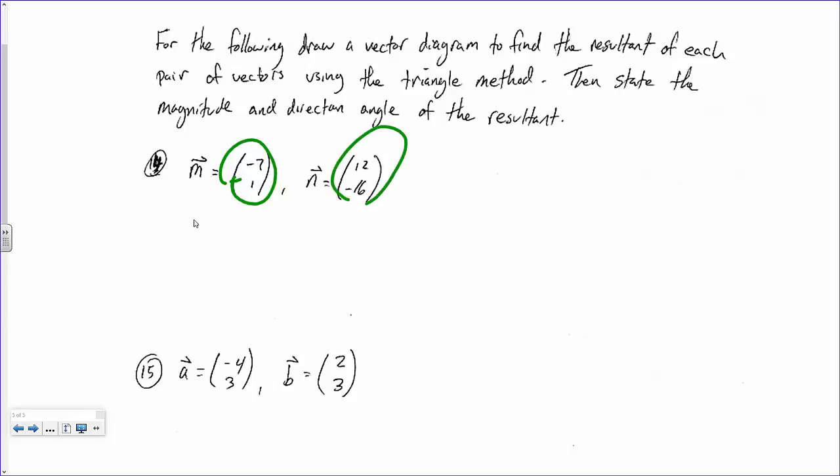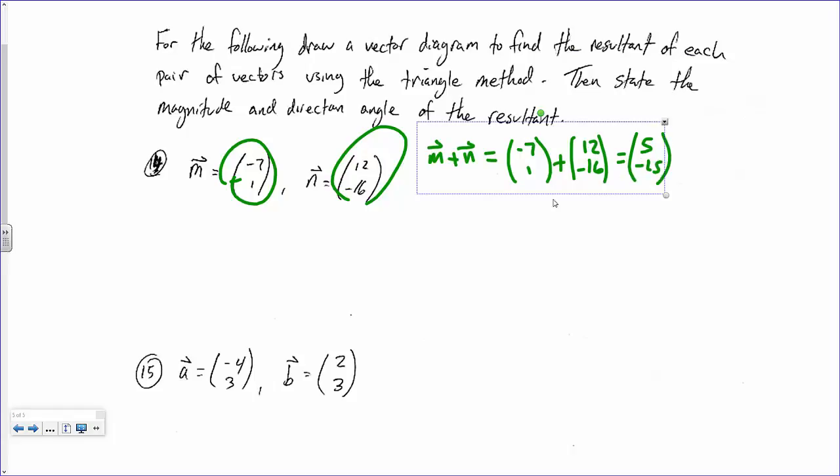So we're going to have m plus n. So let's just say negative 7, 1 added to 12, negative 16. When I do that, negative 7 plus 12 is 5, and 1 plus negative 16 is negative 15.